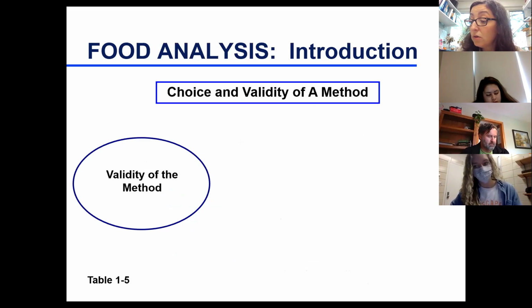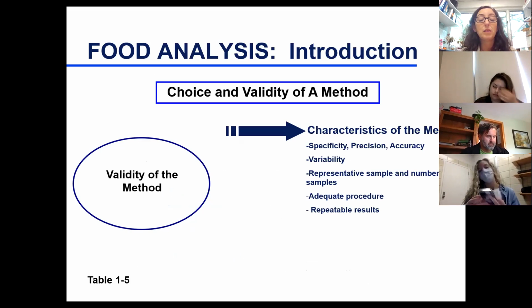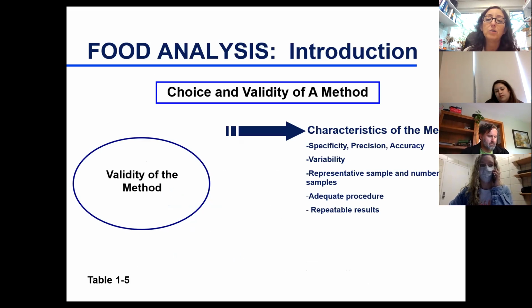Then also your choice of method is dependent on making sure that your method is valid. So you want to test the validity of your method. How do we test the validity of the method? The validity of a method is dependent on so many factors. One of them is the characteristics of the method that we talked about earlier: how specific, how precise, how accurate.